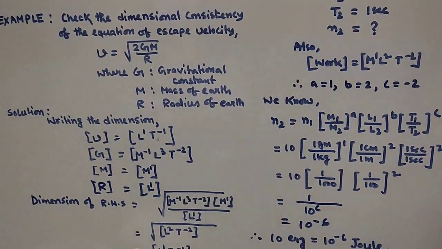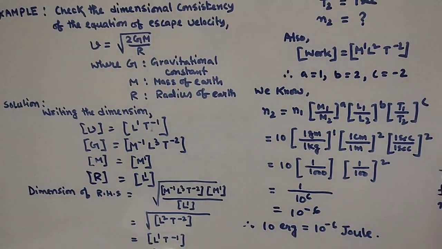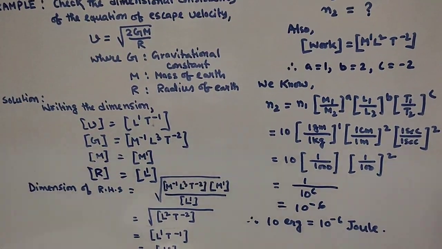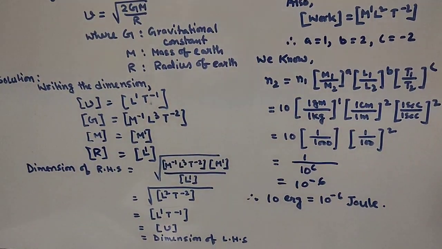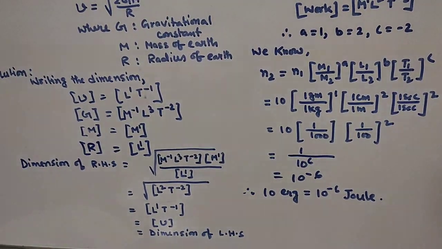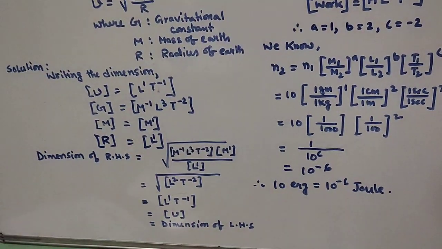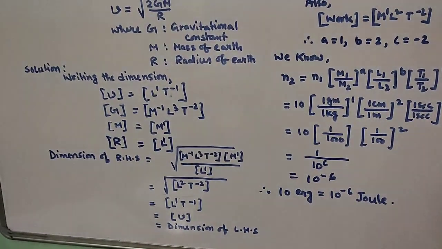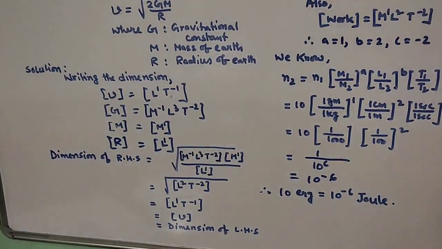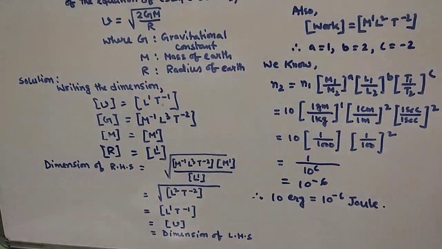So substitute this value in the right hand side, M minus 1 L3 T minus 2 M1 L1. So M minus 1 and M1 go off, L2 T minus 2, so root over, exponent is half, so it goes L1 T minus 1. So L1 T minus 1 is nothing but the velocity. So this is equal to the dimension of the left hand side.